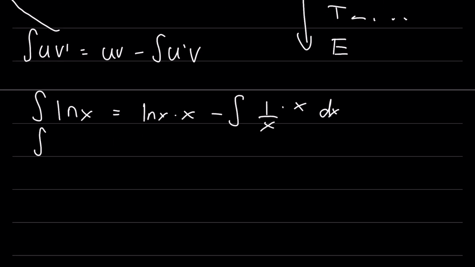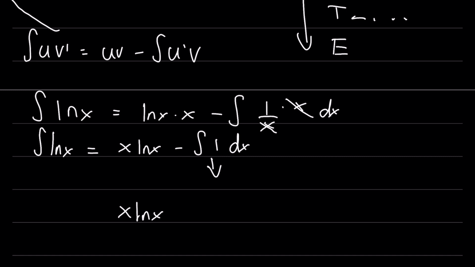So now the integral of ln x is equal to x ln x minus the integral of 1 dx. Now remember, these two things cancel out, and we just said the integral of 1 is in fact just x. So it's going to be equal to x ln x minus x plus c, and that is our answer.